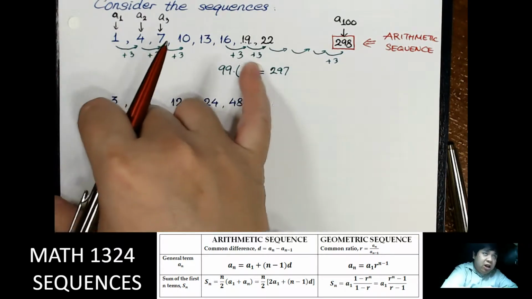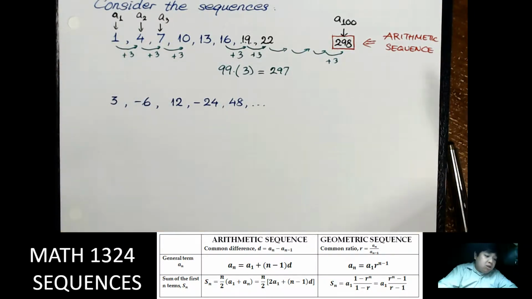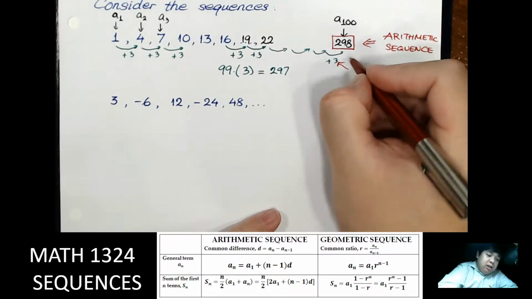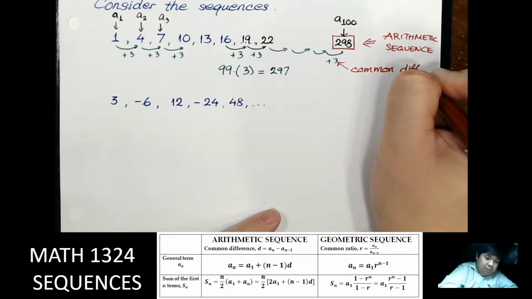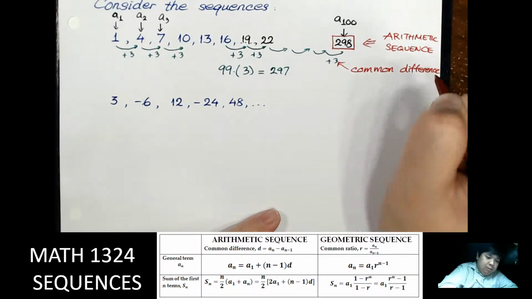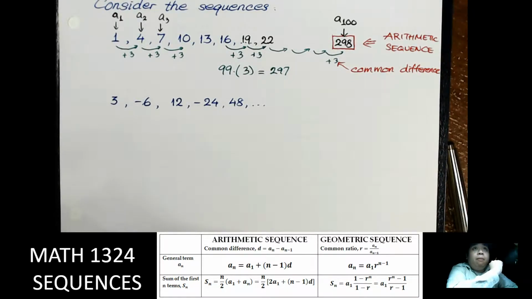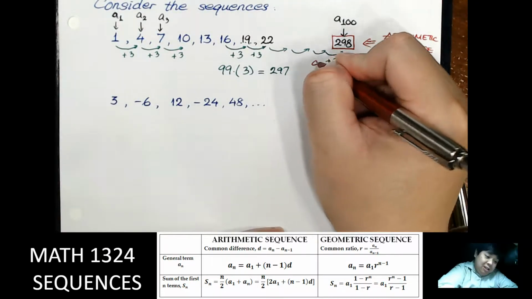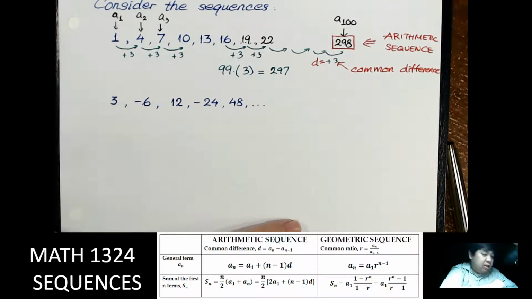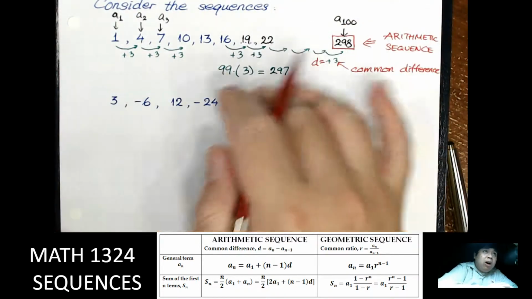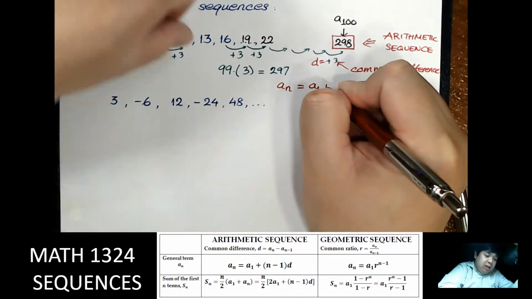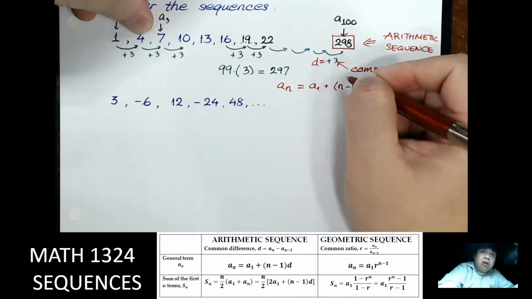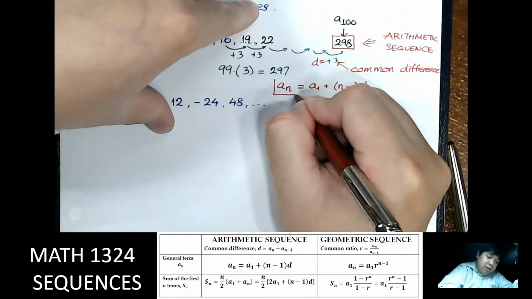This step is addition of a constant, and that constant we define to be the common difference, and we denote that by d, the common difference. And so from this example, we can say that to get to the nth term, we start from the first one, and we take n minus 1 steps times the difference.